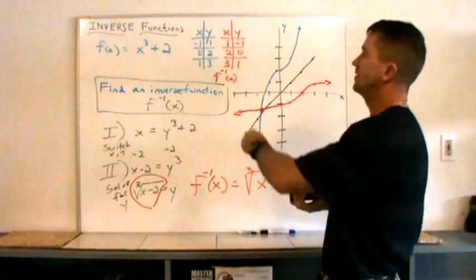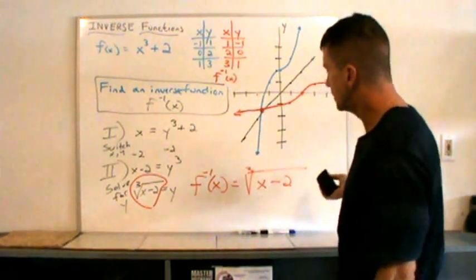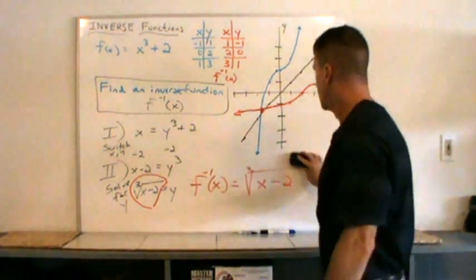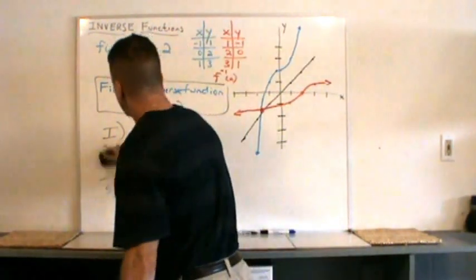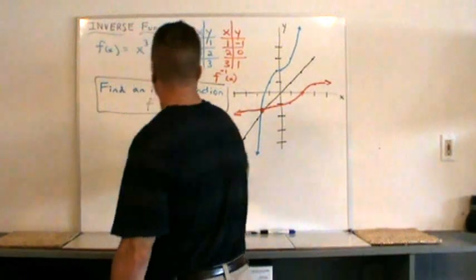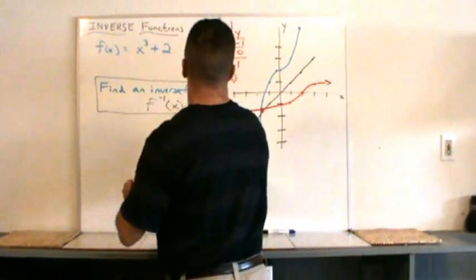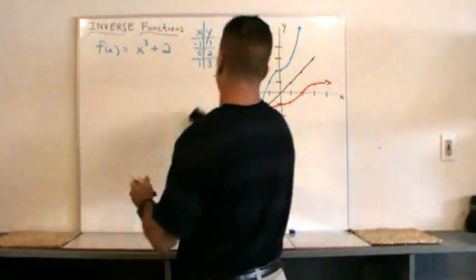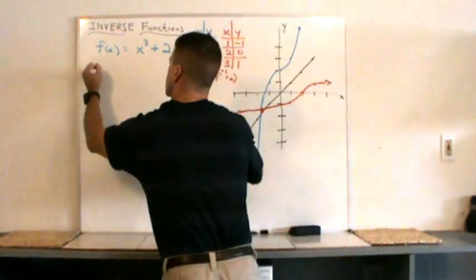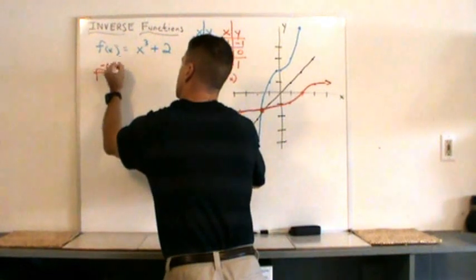Can we verify that these are inverses? We sure can. There's a theorem that states that f of f inverse must be equal to f inverse of f. That sounds so complicated, but it isn't. And we are now going to verify that this is actually the inverse.